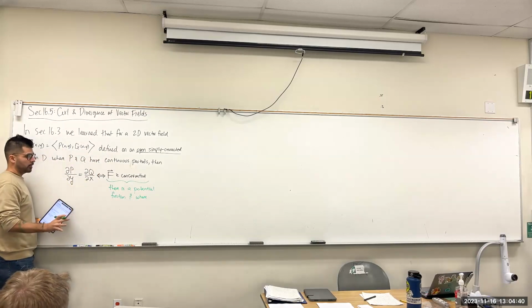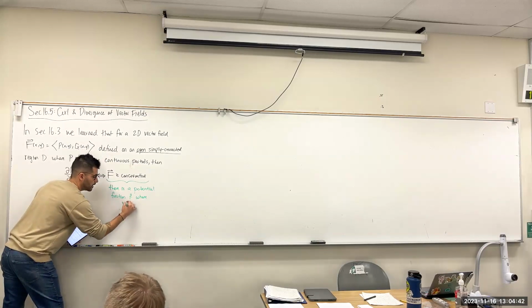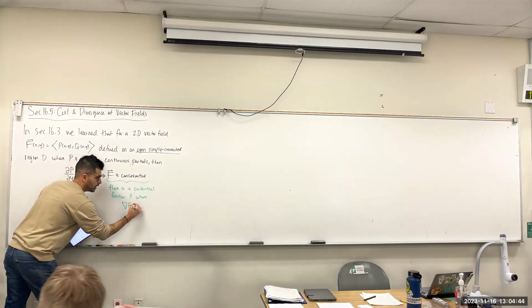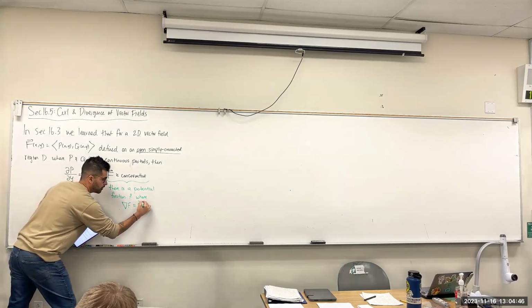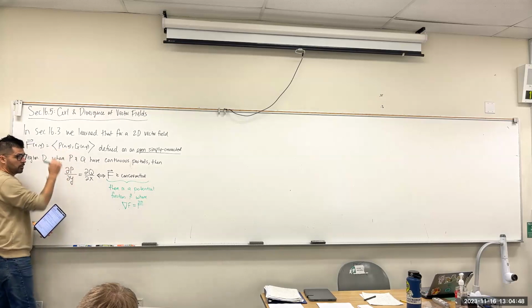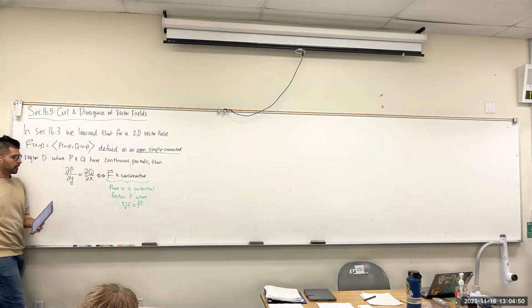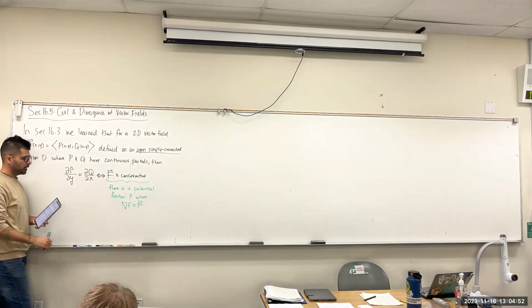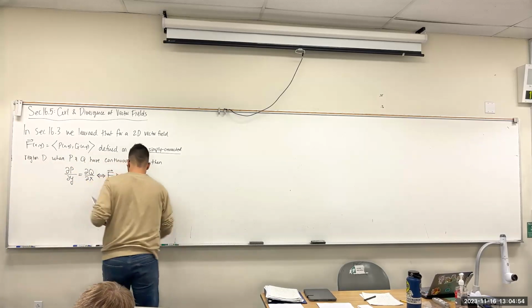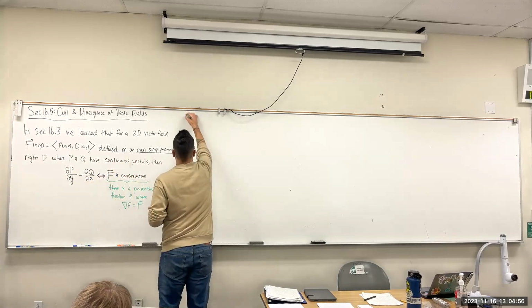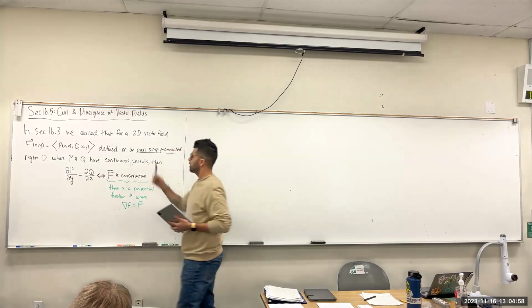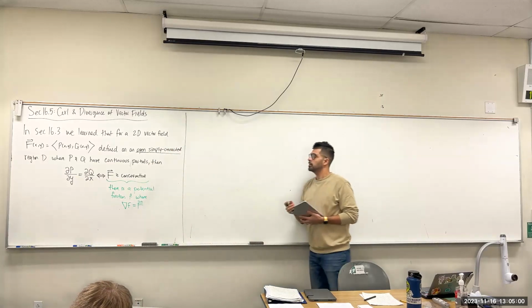Some scalar function f, where the gradient of it is actually equal to that vector field. It is this vector, the gradient. Okay, that's what that is. So that was kind of half of what we were doing on Tuesday. And then we did a bunch of examples, we kind of played around with the theorem.